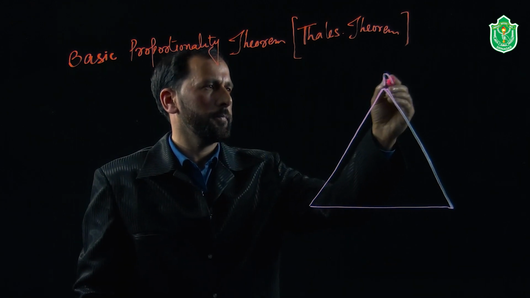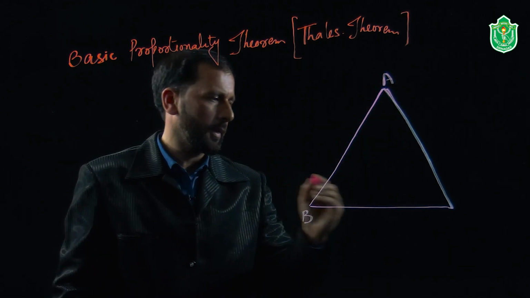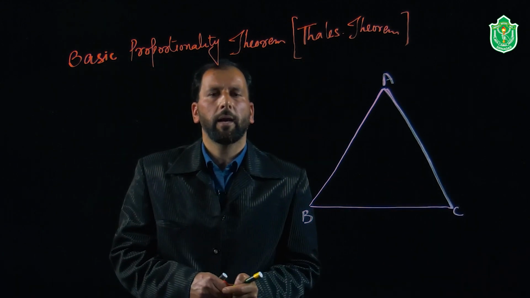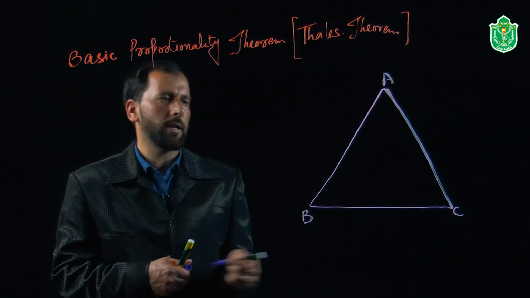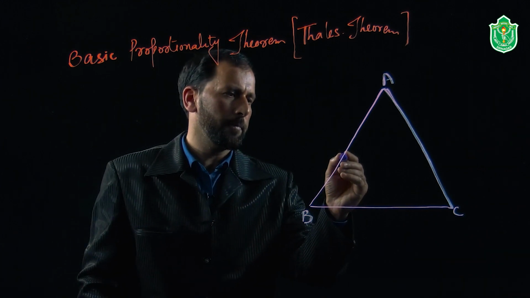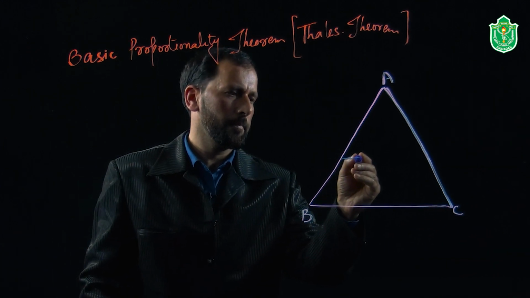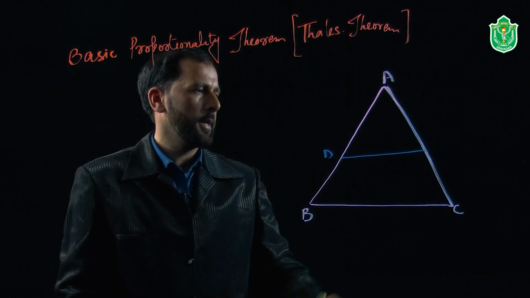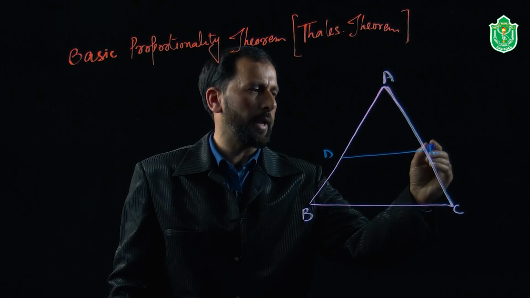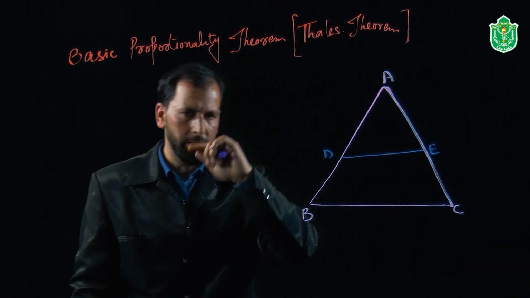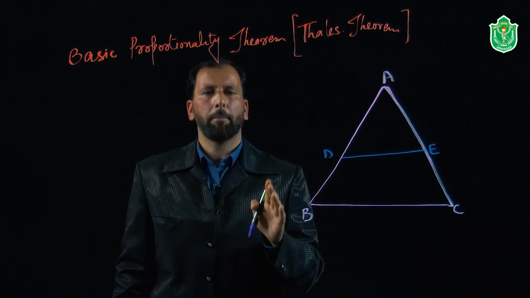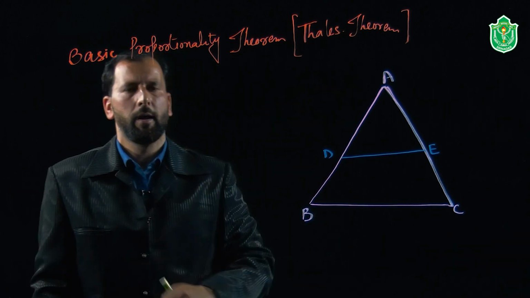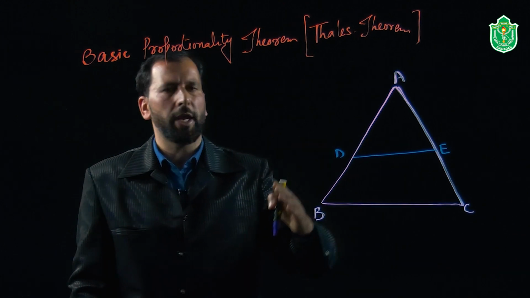The statement is, a line is drawn parallel to one side of a triangle. Let the line segment be DE, and according to the theorem, this DE is parallel to one side, that is BC, of triangle ABC. Then it divides the two different sides, meaning side AB and side AC, in the same ratio.